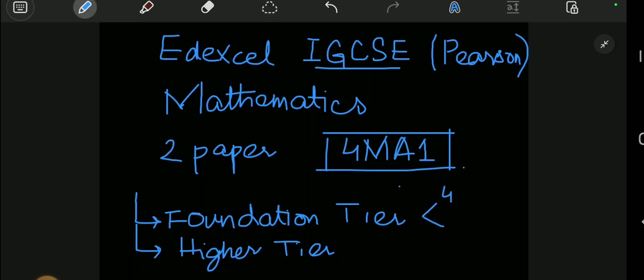The paper codes are 4MA1/1F and 4MA1/2F. So two papers.